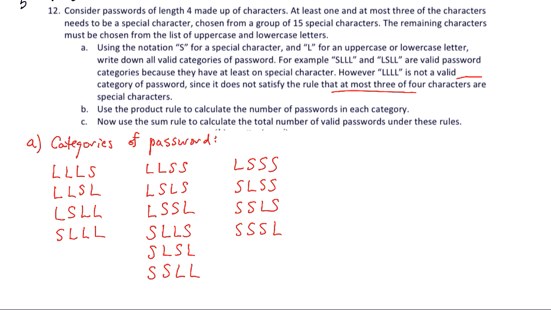That's the categories. Now use the product rule to calculate the number of passwords in each category. Oh boy. Okay, so here's category 1, where we have 1S. Category 2 is the 2S category, and category 3 is the 3S category.